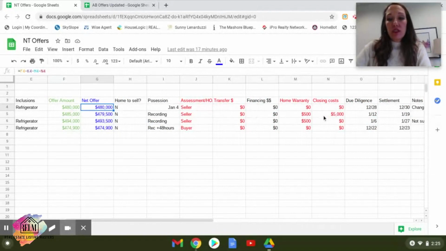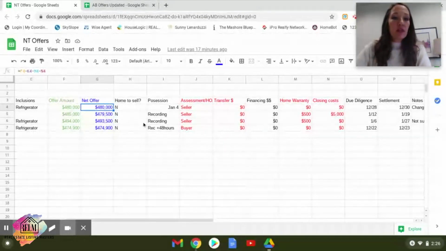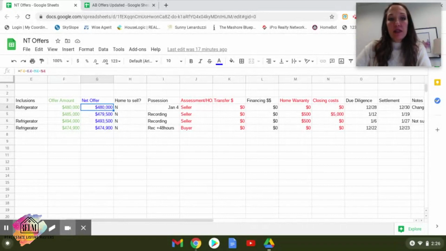This buyer is asking for $5,000 towards closing costs. This listing was listed at $475,000 and they offered $485,000. So their net offer is still over asking price. However, that's still pending appraisal as well. Again, painting the big picture to put all of the pieces together.